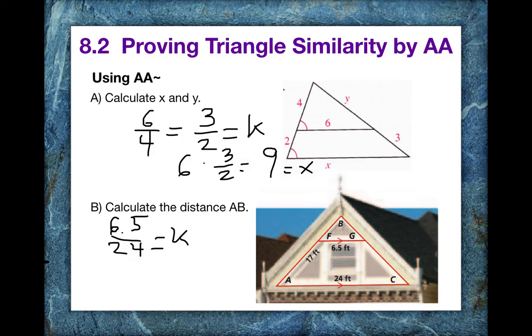For this line here, A to B, I have an unknown quantity BF. So if I want the whole length of AB, I have to add up both the 17 feet plus the distance BF. And I'm going to compare that to BF.